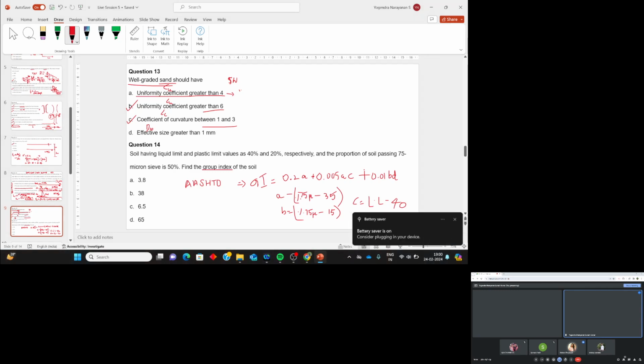Three. 3, there is no option. It will be greater than 3, obviously.